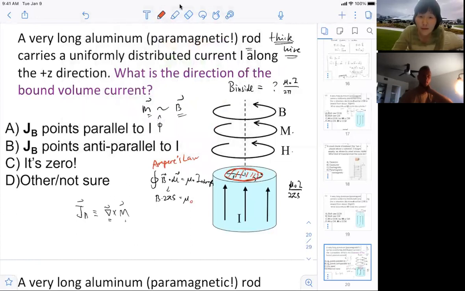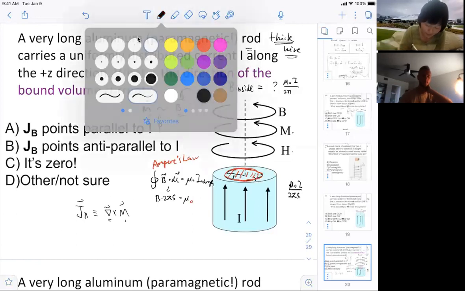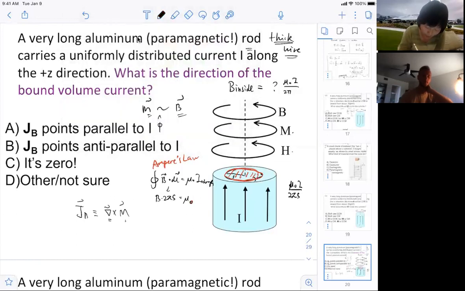So we take the current divided by the area of the wire, pi r squared. We take this current divided by pi r squared. That's very good. And multiply with the area we go through, multiply by pi s squared. Very good. Thank you, Hui. And this is going to be your current density multiplied by the area you do enclose.